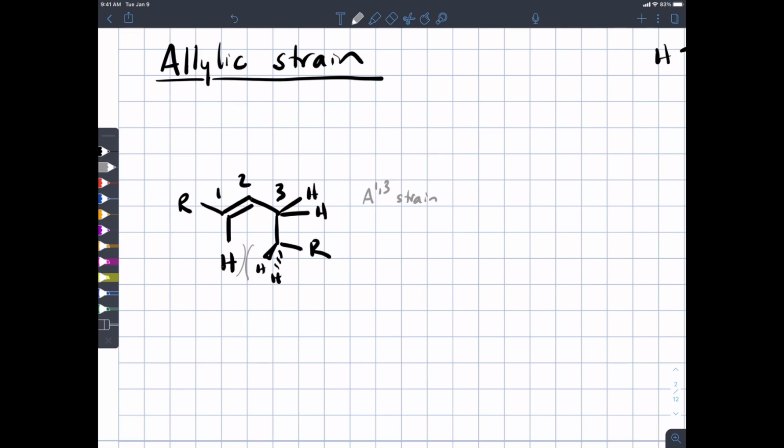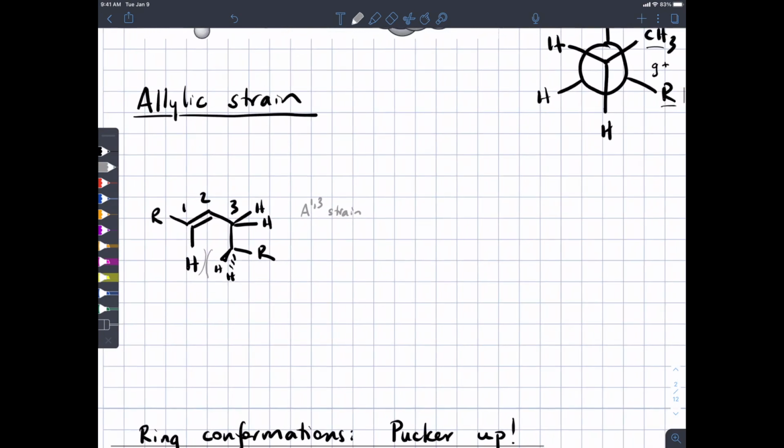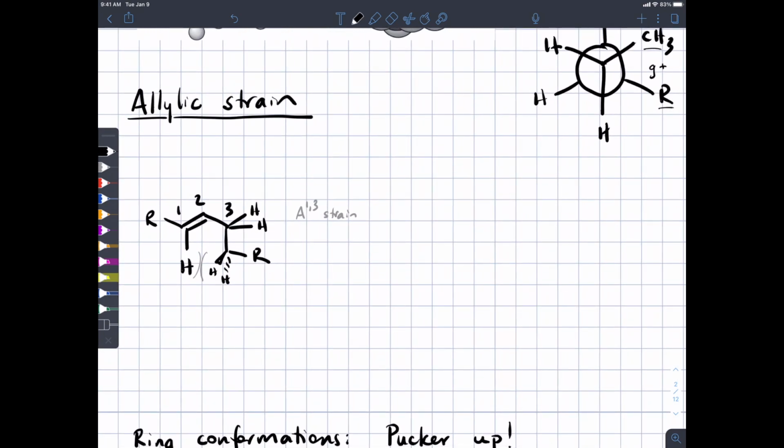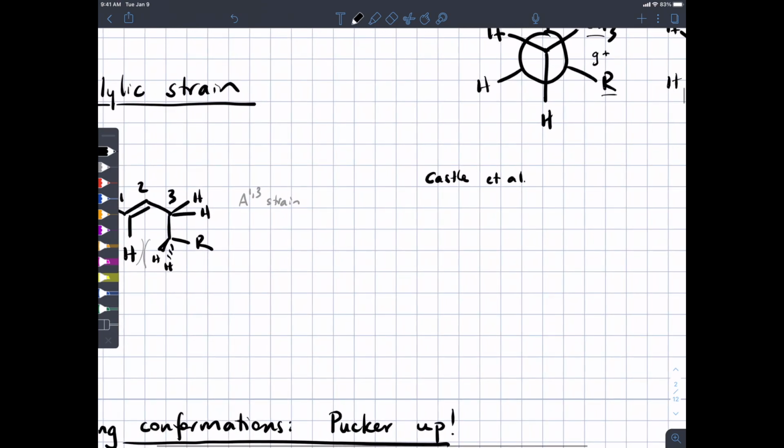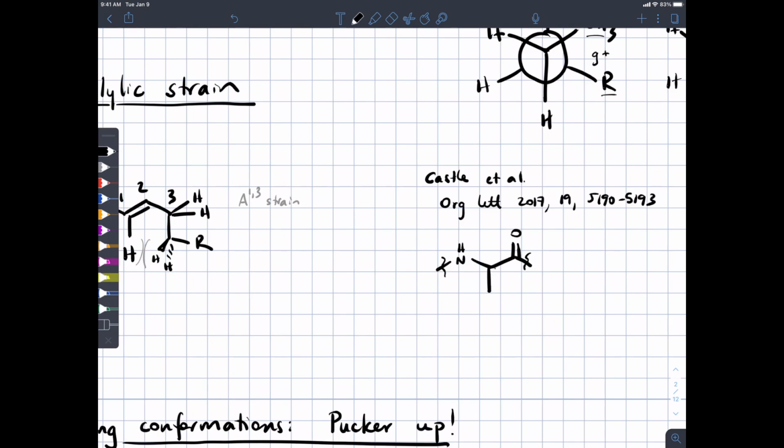It actually has an important role in some research problems that people are working on in the department. So Professor Castle's lab published a paper in Org. Lett. a couple years ago, like 2017, I forget. If you want to go look it up, you can just Google it. But Professor Castle's lab is interested in a class of amino acids that are called dihydroamino acids. And the reason they're called that is because they have a double bond between the alpha carbon of the amino acid and the beta carbon.